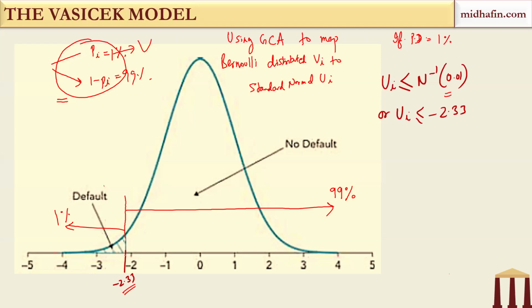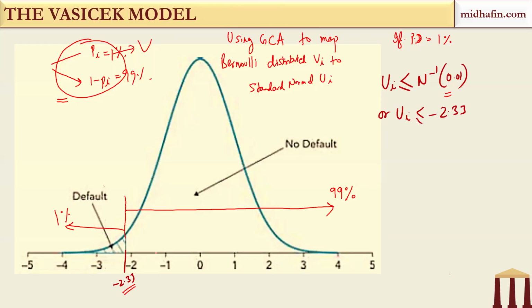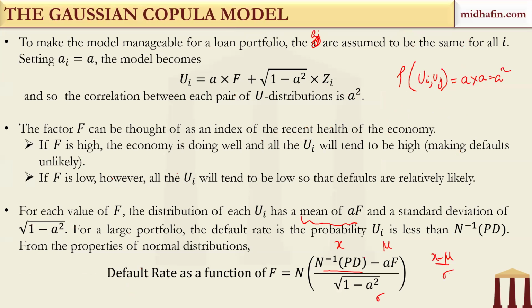And that is why it is quite clear, since AF is the mean, these things can be derived quite easily. So mu is AF, and N inverse PD is X. So X minus mu divided by sigma is the entire mapping.